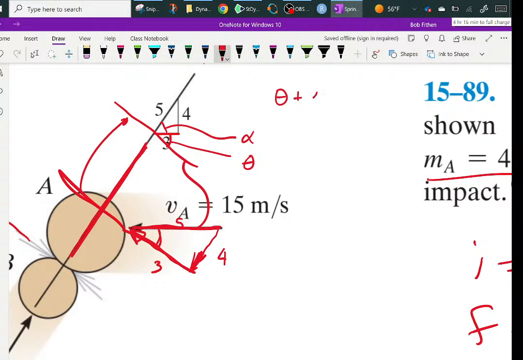So theta plus alpha, well, if that's 90 degrees, then this angle has to sit right there. So in fact, I got them backwards with my funny logic. This angle and this one are the same. And if that's the case, then I have 3 and 4.